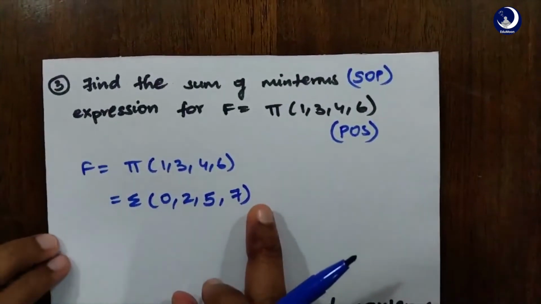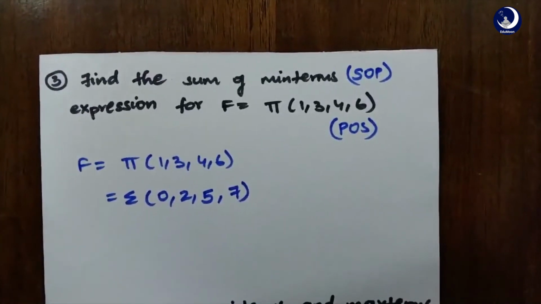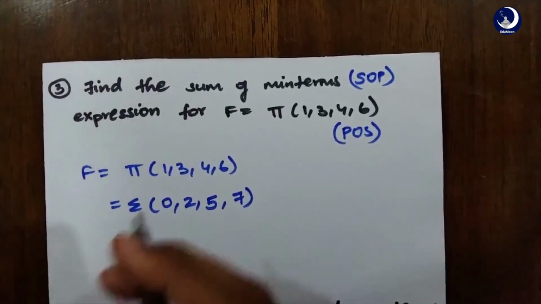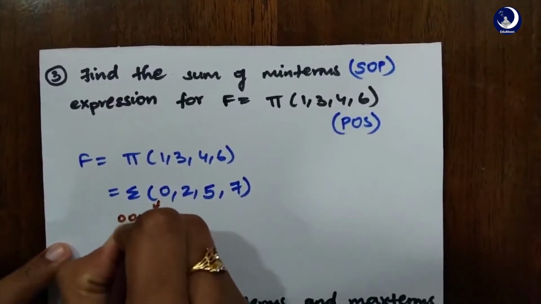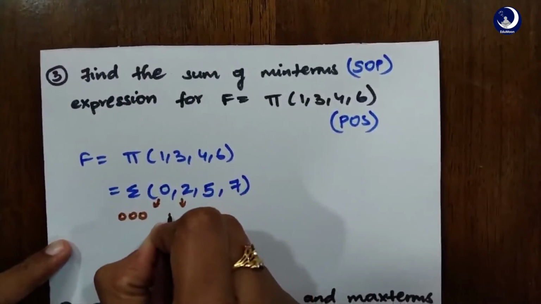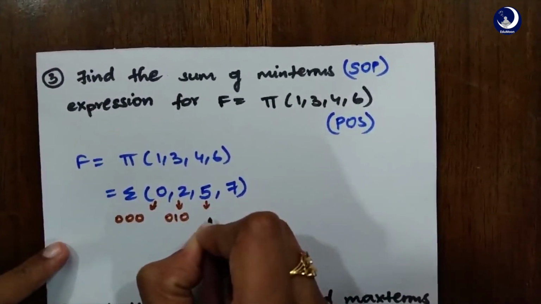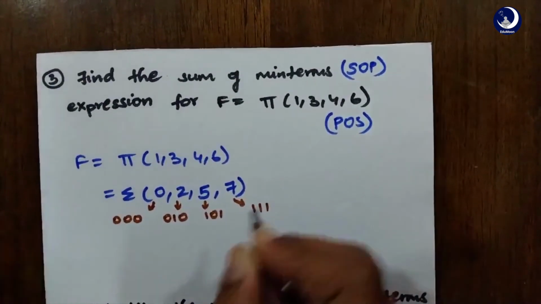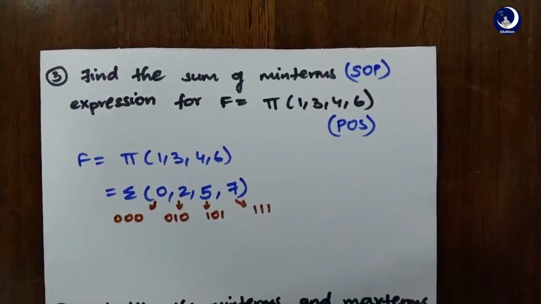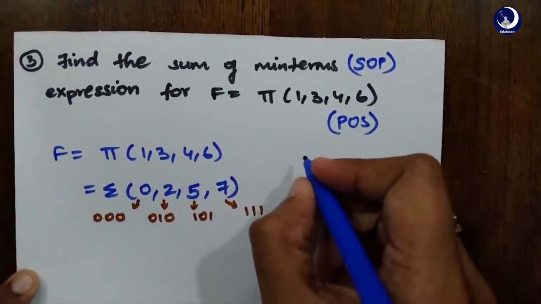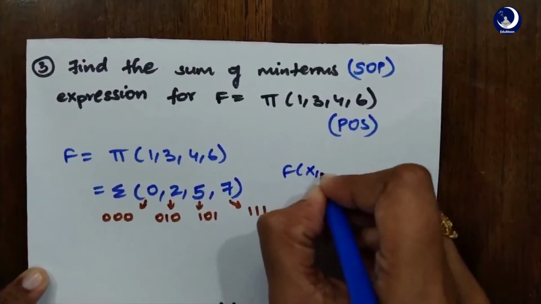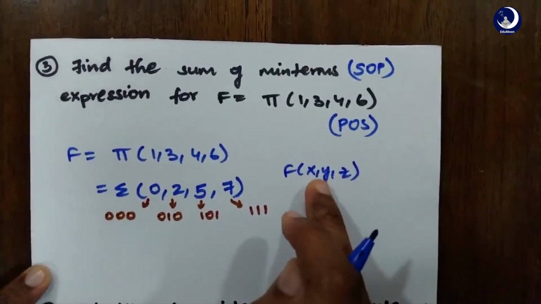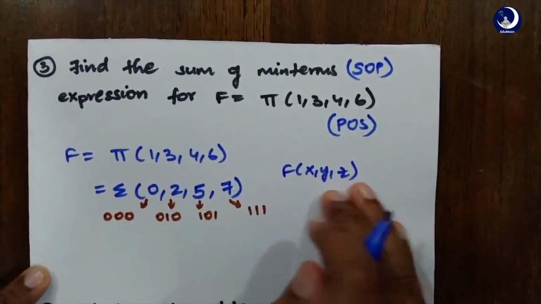Now how do we write the expression for this one? For 0 it is 0 0 0. For 2 it is 0 1 0. For 5 it is 1 0 1. For 7 it is 1 1 1. Now we can take this f function to be in the form of x y z. It can be anything, a b c or anything, you can just take 3 boolean variables.